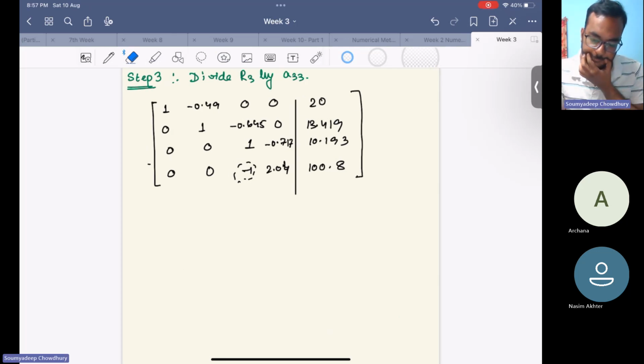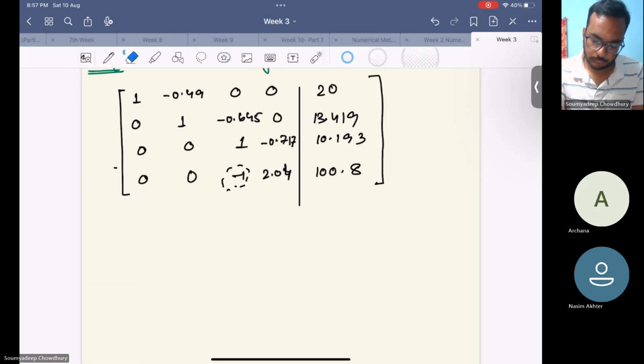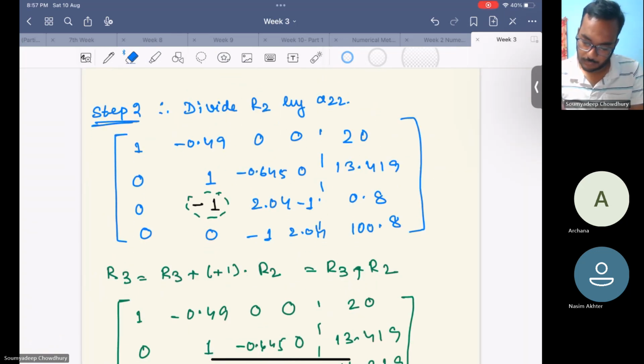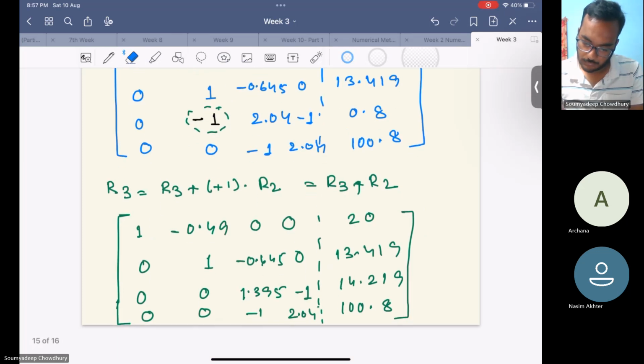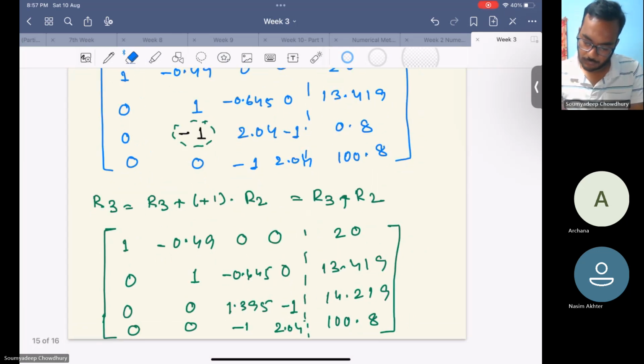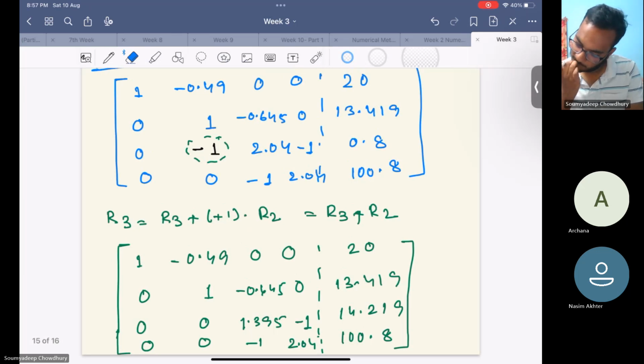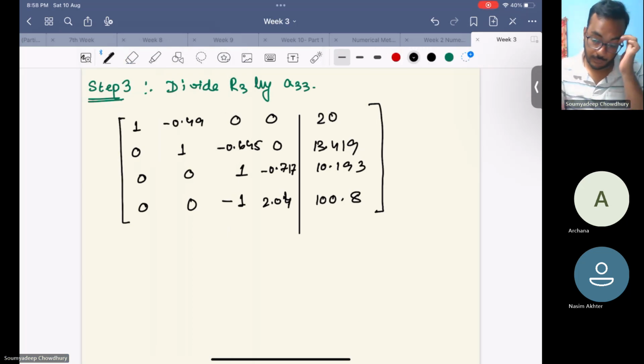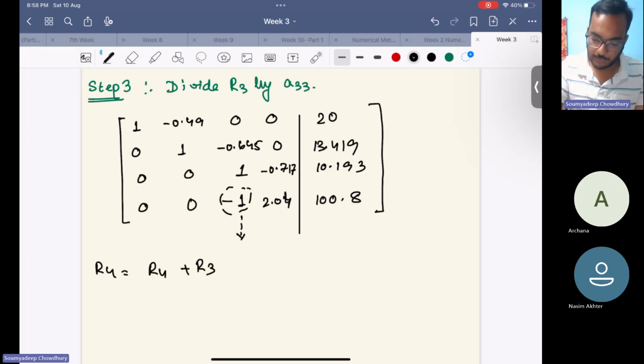We have to make this element 0. It is minus 1, so this one will become 0. So R4 will be R4 plus R3, correct?